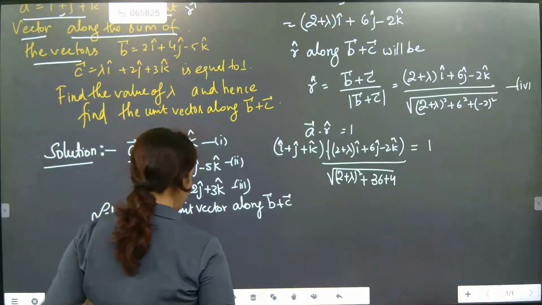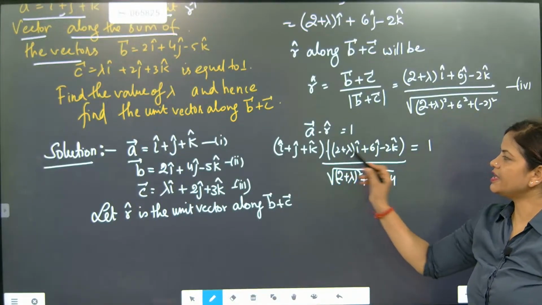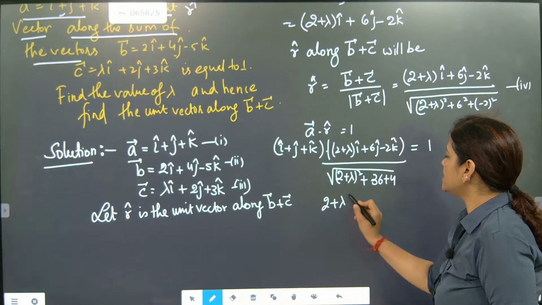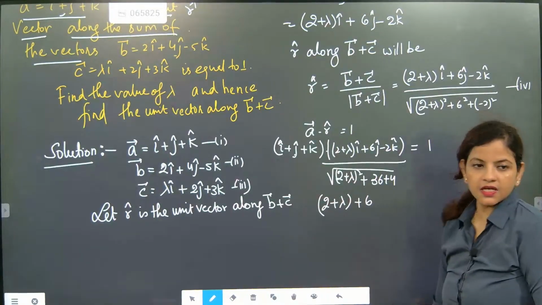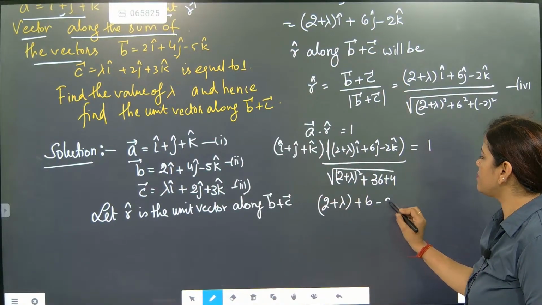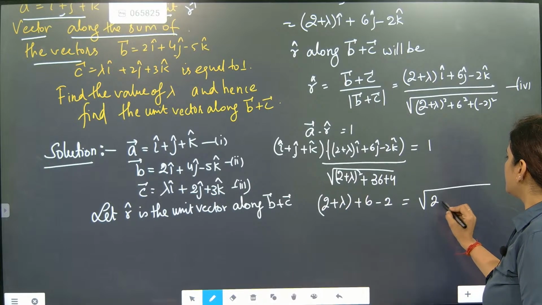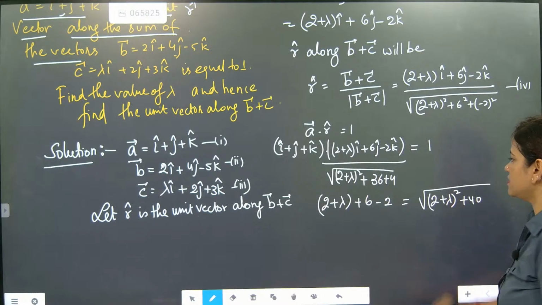Now only the battle starts. So now look here, multiplication: this will multiply with this, what will it become beta? 2 plus lambda. j will multiply with this, it will become 6. k will multiply with minus 2, so it will become minus 2, is equal to root under (2 plus lambda) whole square plus 40. Done here?